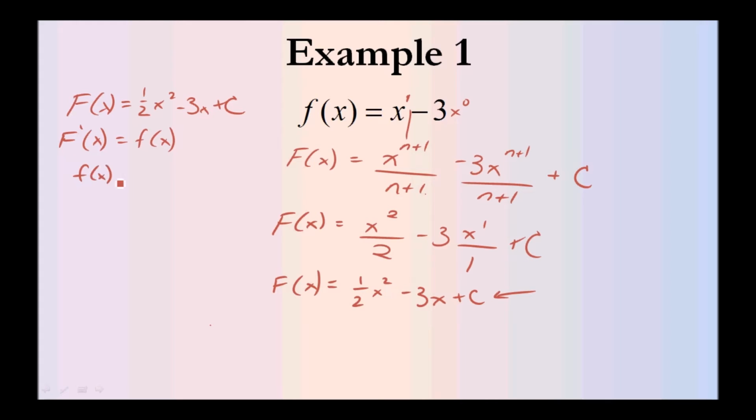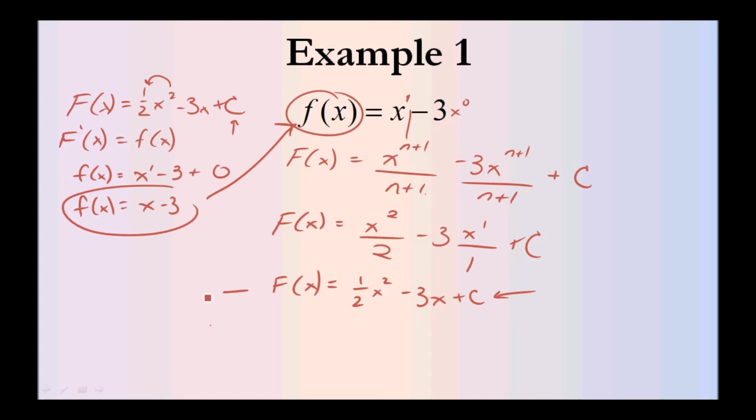So f of x is equal to 2 times 1/2, which is simply 1, and 2 minus 1 is 1, minus the derivative of 3x, which is simply 3, plus the derivative of a constant, which is 0. f of x is equal to x minus 3. We are consistent with the original function, so this antiderivative is valid.